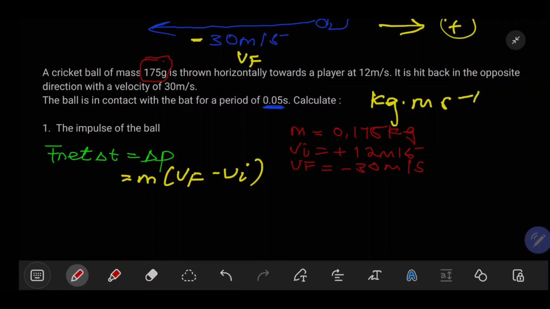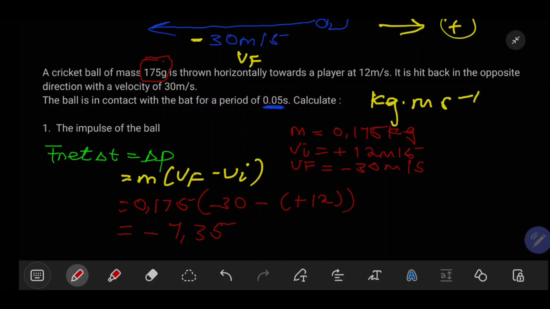Okay, which is the same as calculating the what? The impulse. So our mass, now we're going to use the mass in kg. So it's 0.175 into our V final, which is negative 30, minus positive 12. Okay, then when we get our calculator, our answer becomes negative 7.35.